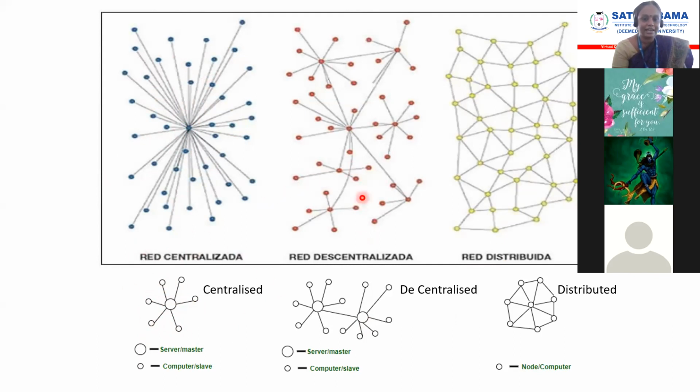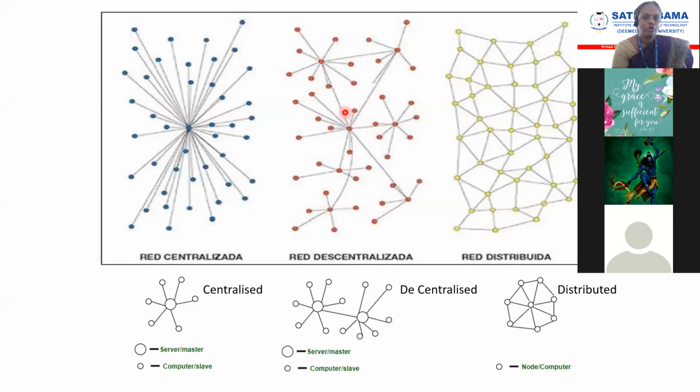The next one is decentralized. What is the difference between centralized and decentralized? In centralized, we have a single control, single server, or single mainframe system. But in decentralized, there is more than one server or master.